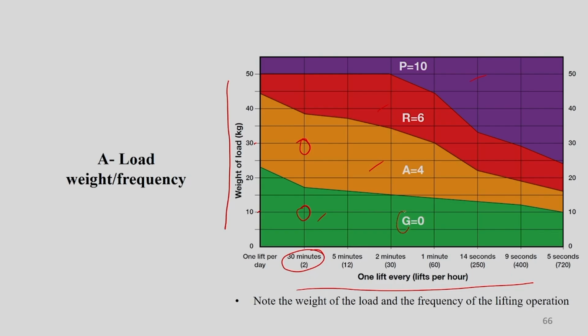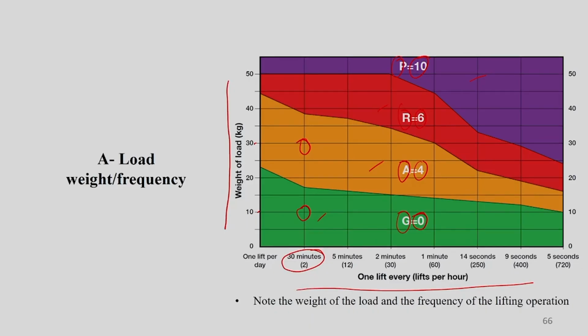So G is for green, that is the representation of your color, whereas this is Z equal to 0, the numerical number. For A it is 4, for R it is 6 and for P it is 10, and these numbers are all pre-computed.